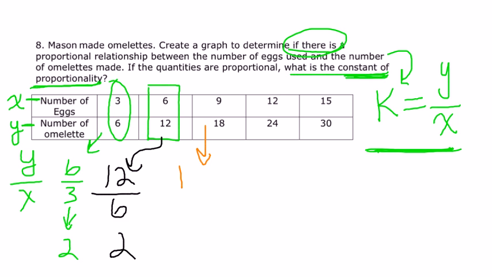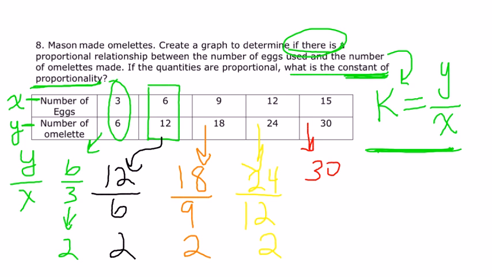This will turn into 18 over 9. 18 divided by 9, you guessed it, we are still getting the same number every time, so this looks good. 24 and 12. 24 over 12, not 2. There we go, and yep, that's 2. And last but not least, let's do 30 and 15, remembering that 30, that's my y value, over 15. 30 divided by 15 is 2.